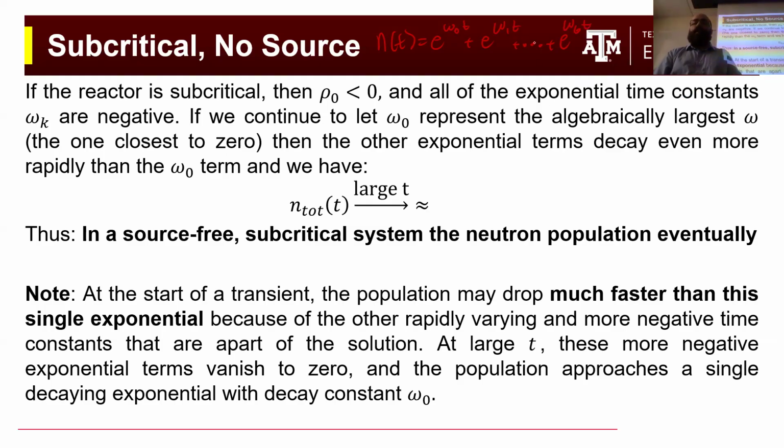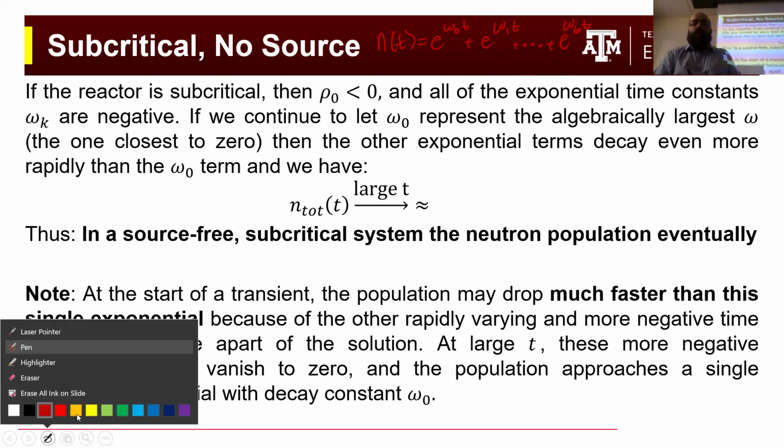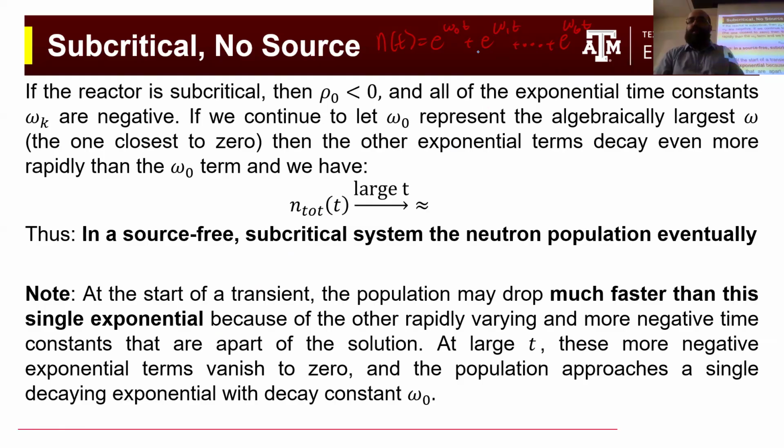What we just said was that all of these omegas are going to be more negative than omega naught. So as time moves forward, which exponentials are going to die away first? The ones that have the more negative value of the time constant are going to die away first.